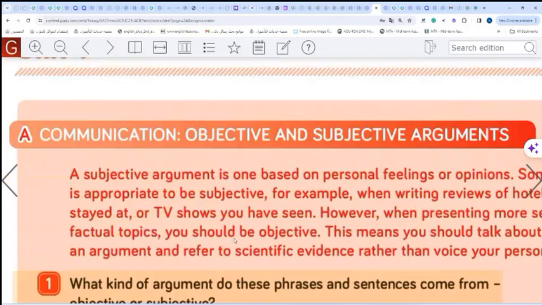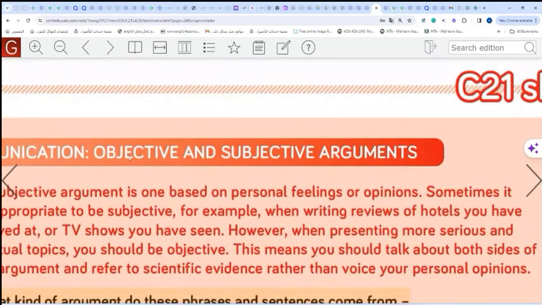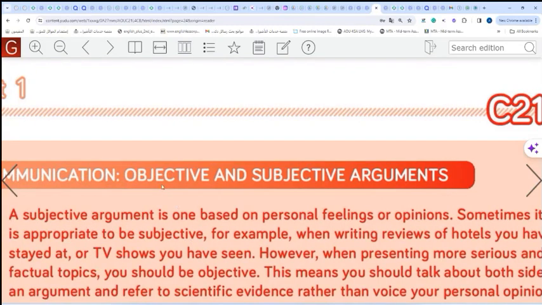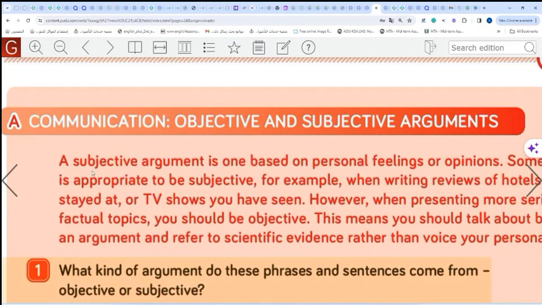Dear students, while you communicate with other people, you notice that some points of view or ideas could be described as objective and some other arguments could be described as subjective. Dear students, what is a subjective argument?